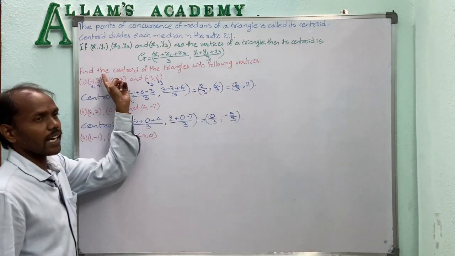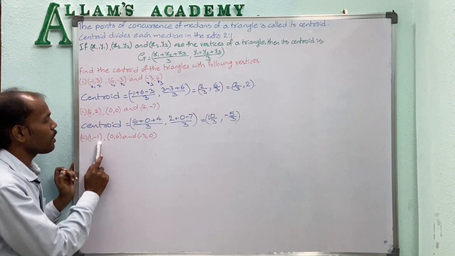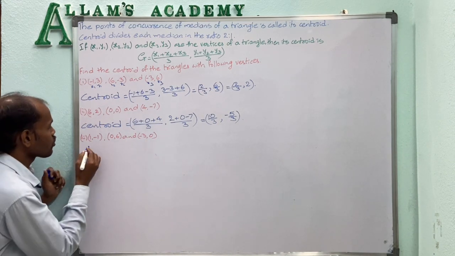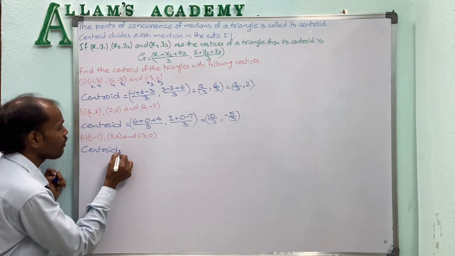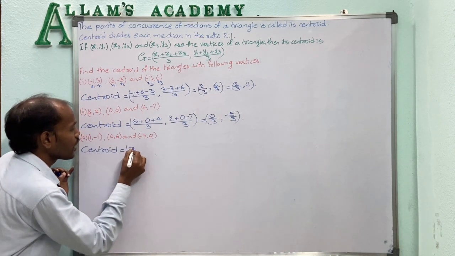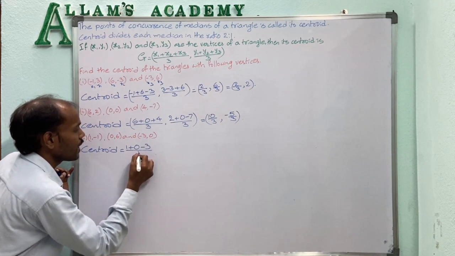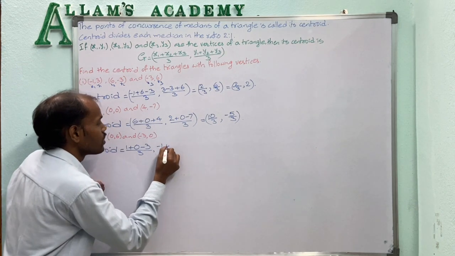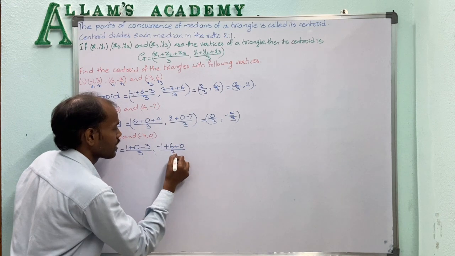Find the centroid of the triangle with the following vertices: (1, -1), (0, 6) and (-3, 0). So the centroid formula is ((x1 + x2 + x3)/3, (y1 + y2 + y3)/3). So x1 is 1, x2 is 0, x3 is -3, by 3, y1 is -1, y2 is 6, y3 is 0, by 3.